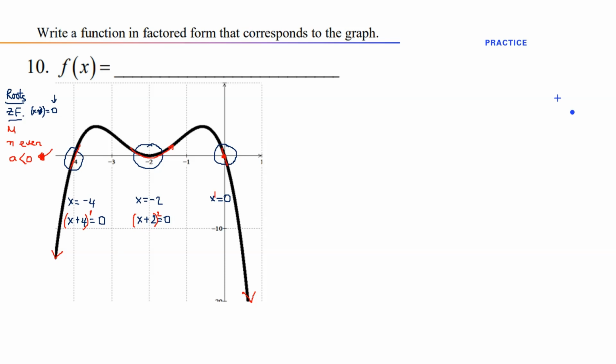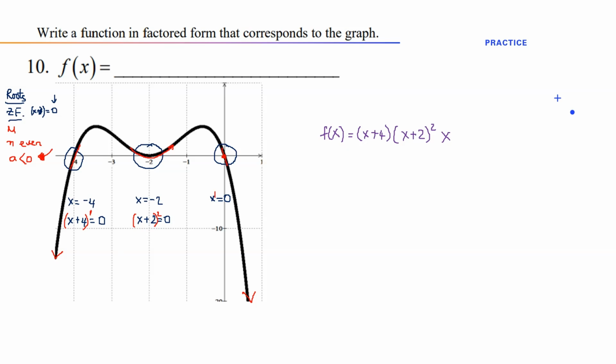So now we can rewrite f of x. f of x equals x plus 4 with multiplicity of 1, and then x plus 2 squared, multiplicity of 2, times x to the power of 1.